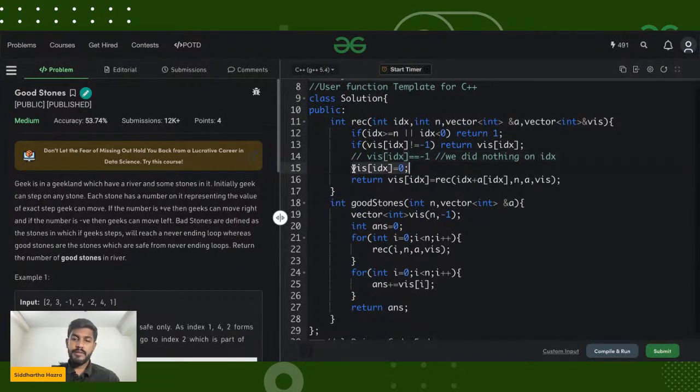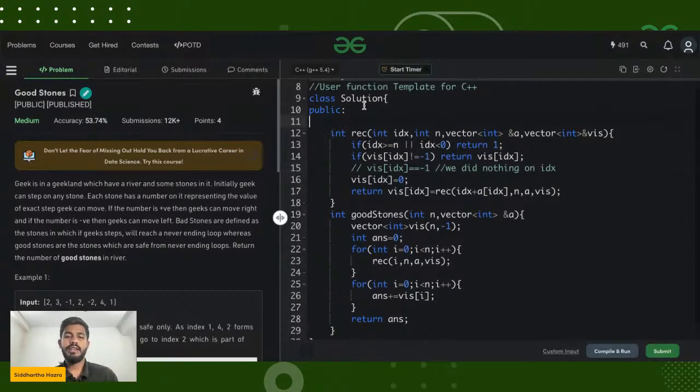So initially, look, I would just say it. Suppose I saw a girl named Ankita. I assumed that she is a bad girl.